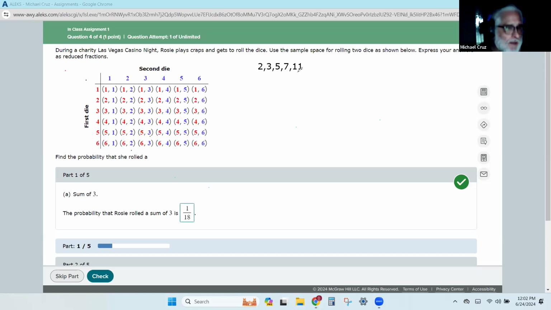And then 10 is also divisible by 2 and 5. And then 11. So now we're just going to find all the ones that add up to 2, 3, 5. Let's see. It's prime, right?